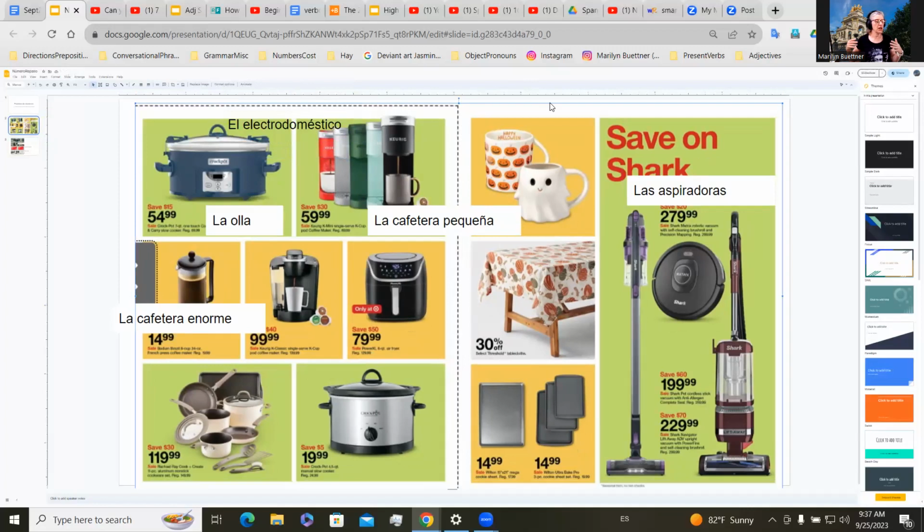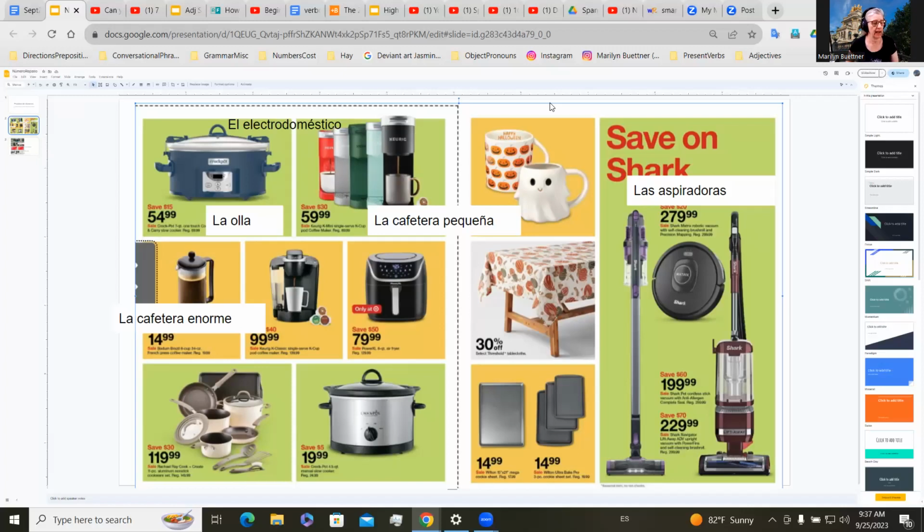Bueno, si yo les digo, if I say to you guys, ¿cuál es el electrodoméstico que tiene el precio? ¿Qué cuesta? The cost. ¿Qué cuesta?